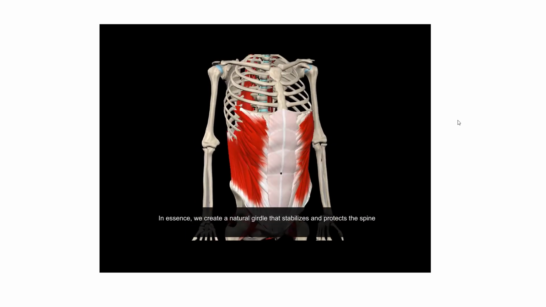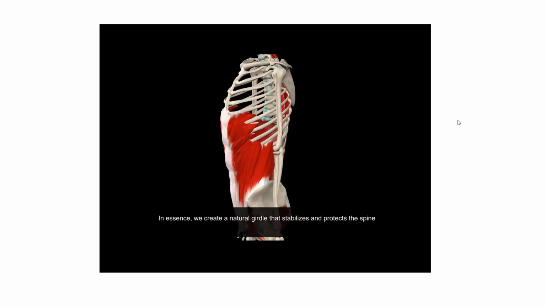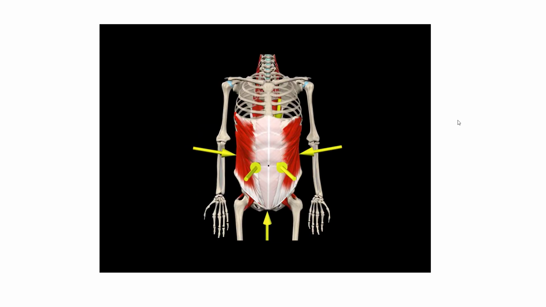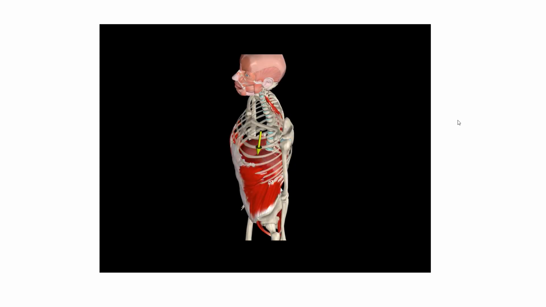And there's your external oblique. And so when we contract all those muscles together and we pull them in as if we're bracing for somebody to punch us, we help to stabilize the spine. We're contracting pelvic floor muscles from below, muscles in our back. Everything is working together to help support those internal structures and protect them.